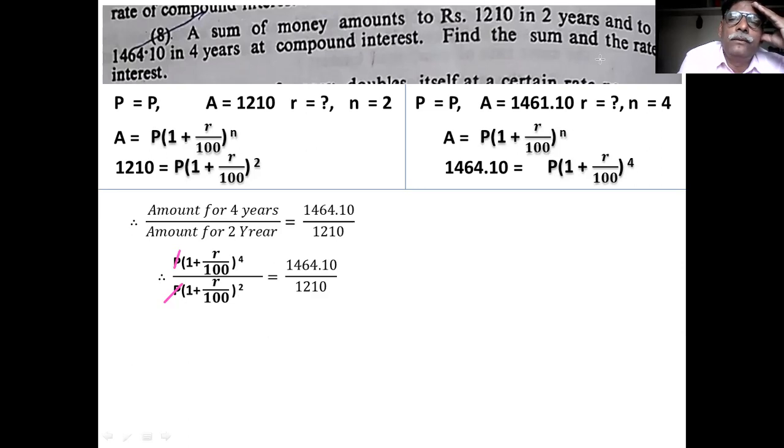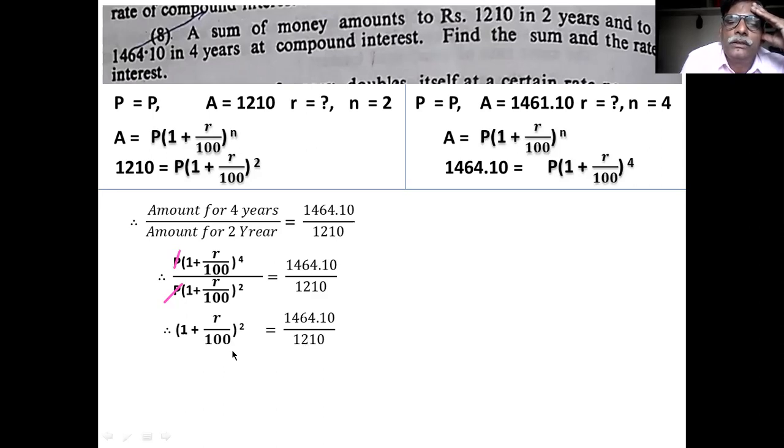Therefore, in the next step, I'll write 1 plus R by 100 raised to 2. How is it? Out of 4 brackets, 2 brackets remain. 1 plus R by 100 raised to 2 gets cancelled. The remaining value is 1 plus R by 100 raised to 2, and it is equal to this much.